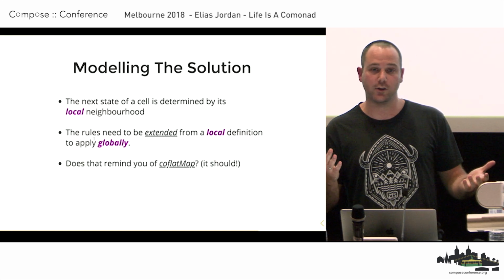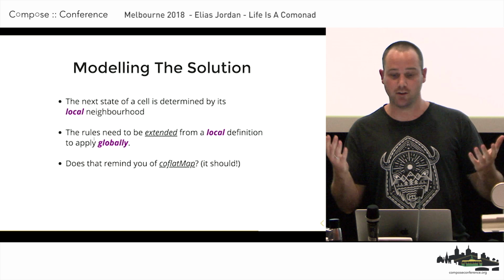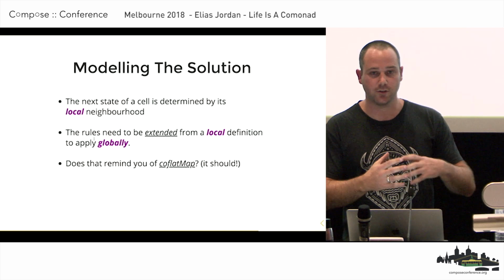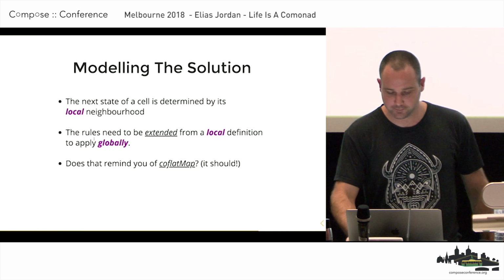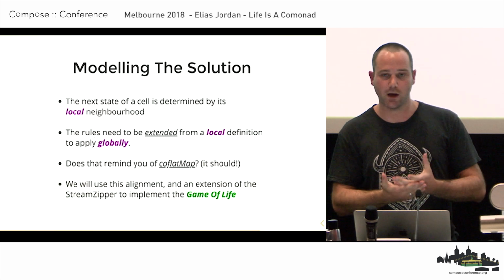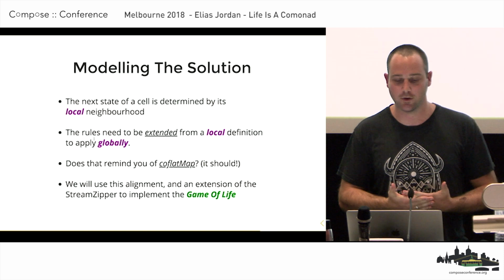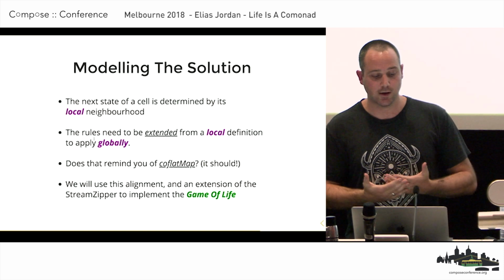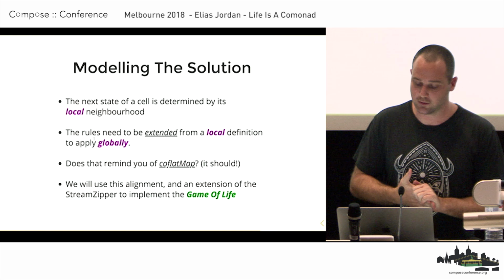So that should be reminding you of what CoFlatMap does. It extends the local computation to a global context. So we'll use this sort of alignment of CoFlatMap and the definition of the finite state automata for the game of life to implement the game of life.